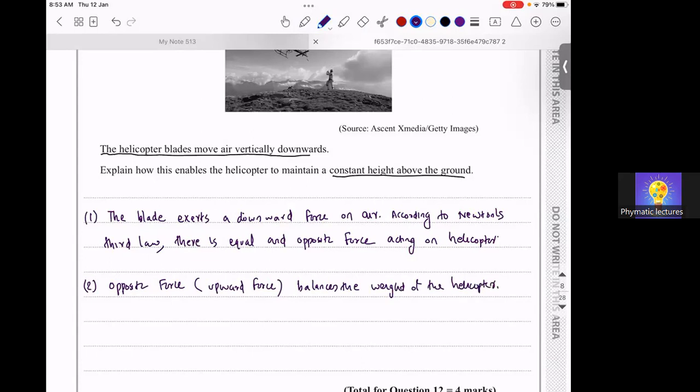So the opposite force balances the weight of the helicopter.